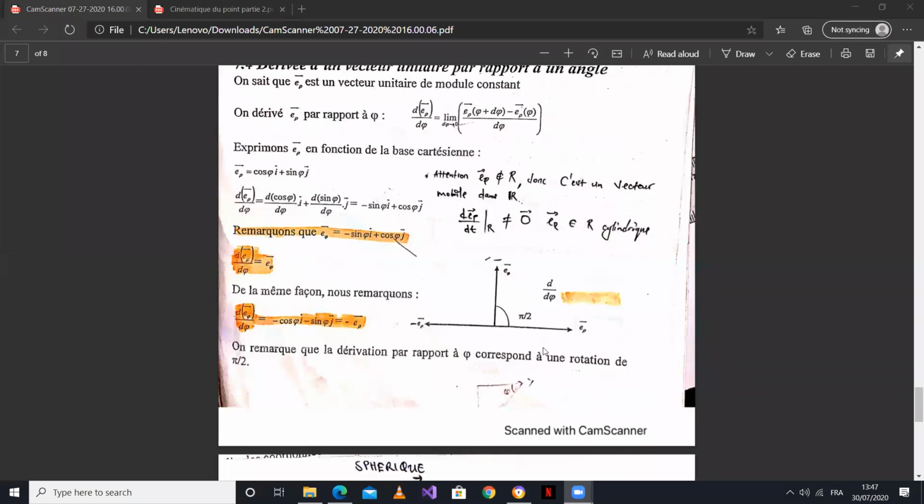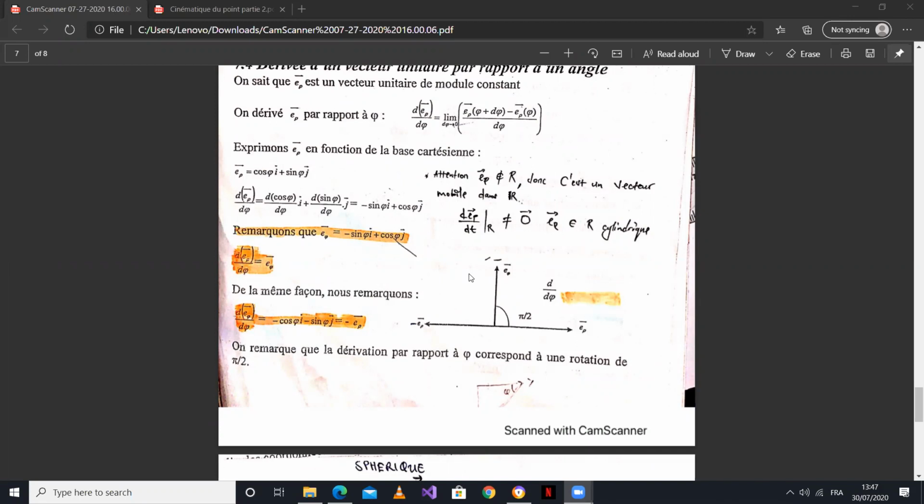So if I rotate e_rho 90 degrees, I'll be rotating it into e_phi. That means e_rho is going to become e_phi. So the derivative of e_rho with respect to phi is a rotation of 90 degrees, and it's going to be equal to e_phi, as we have seen from the calculations we did above.